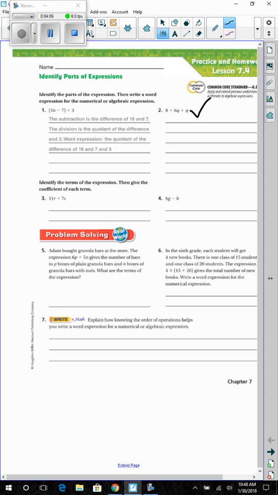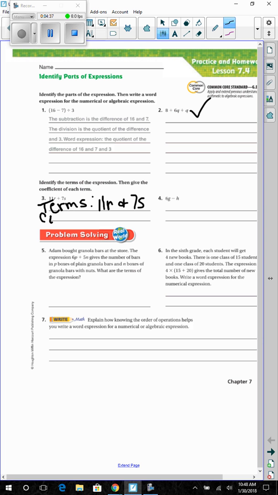Number 3, identify the terms of the expression. Then give the coefficient of each term. 11r plus 7s. So the terms are the number and the variable together. So the terms are 11r and 7s.